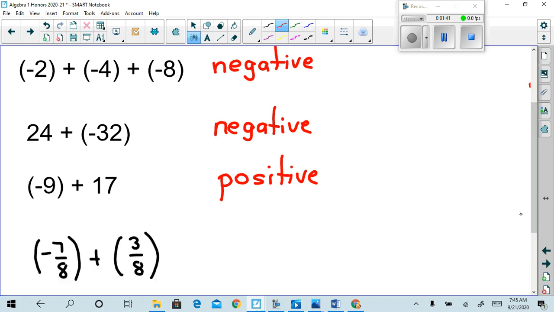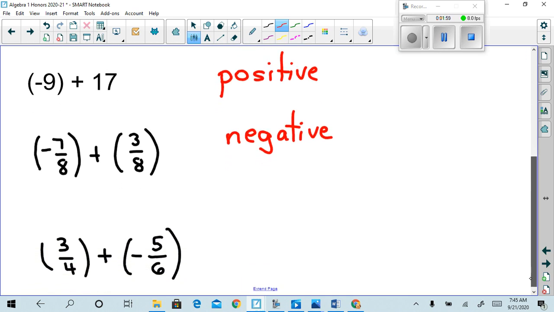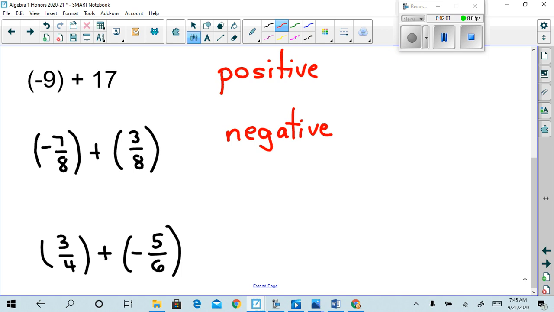The last one, again, we're dealing with real numbers. We see some fractions. We see unlike signs, so we're going to subtract and keep the sign of the greater absolute value. And all they wanted in this exercise was, what is the sign of the sum? Last one, again, this one requires that I rewrite it with a common denominator.